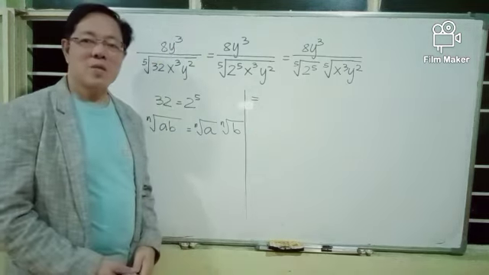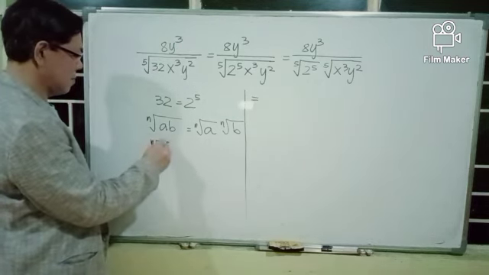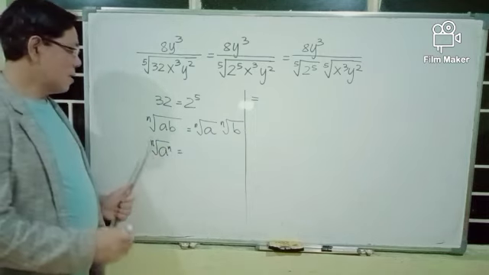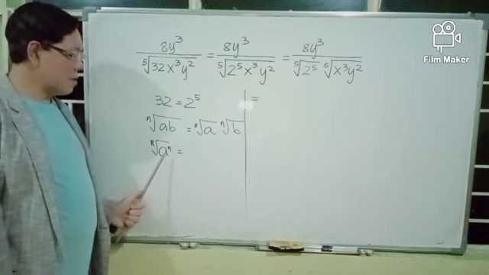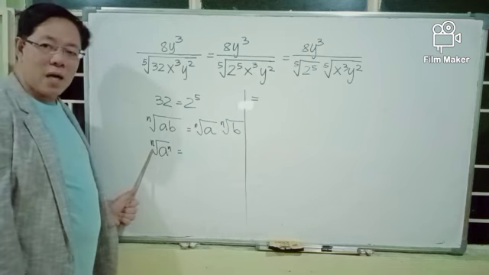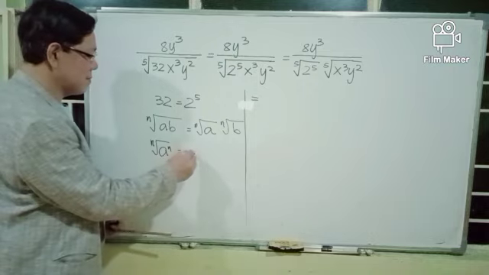And we apply this property of radical: the nth root of a to the n, where the exponent of a is n, equal to the index n of the radical sign, simplifies to a.